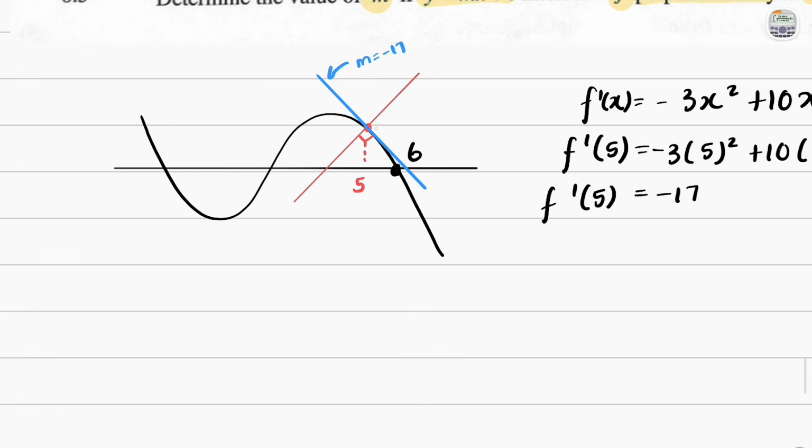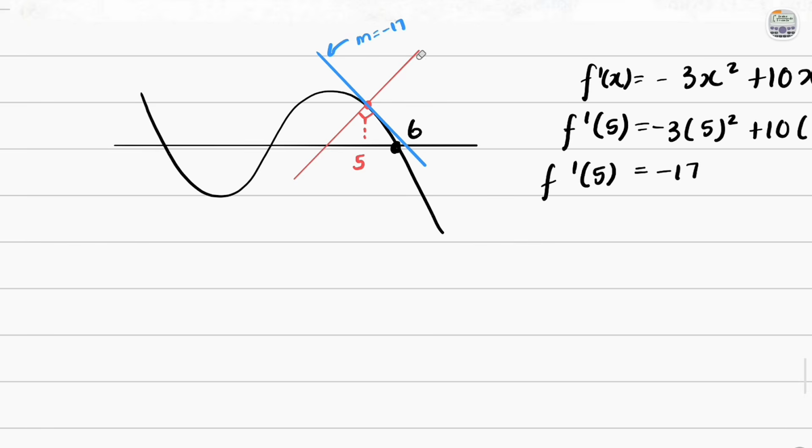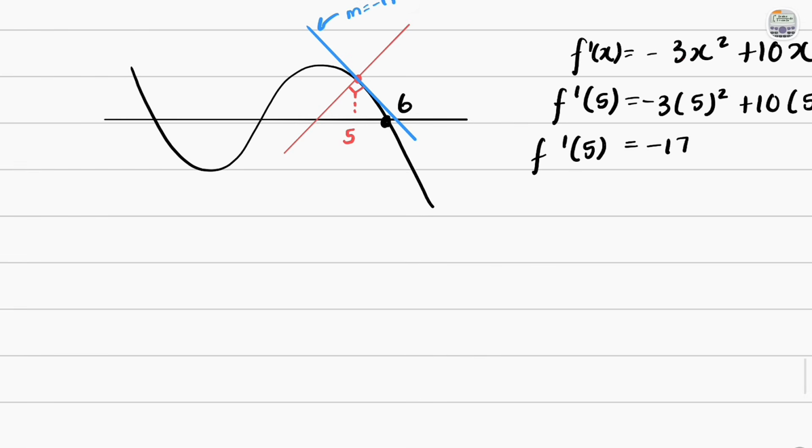So that's the gradient of the cubic function at the point where x equals 5. Now we know that the gradient of the cubic function at that point is perpendicular to the gradient of this line at that same point. So the gradient we have, multiplied by the gradient we are looking for, is equal to negative 1, because if lines are perpendicular, the product of their gradients is negative 1.